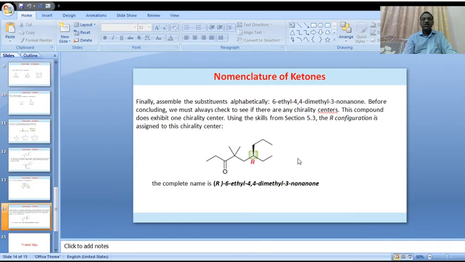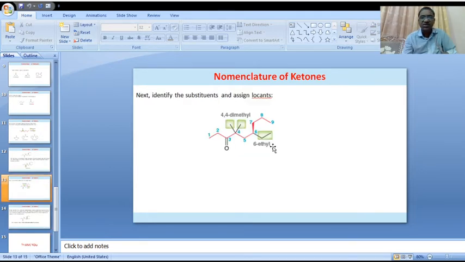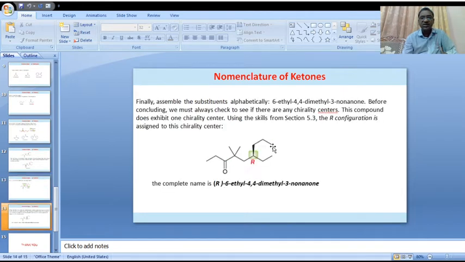Using the skills from section 5.3, which we already mentioned, the identification of the chirality center, we determine which configuration it is, R or S. Based on this above-the-plane arrangement, these are the groups, these are the carbons, positions 7, 8, 9.